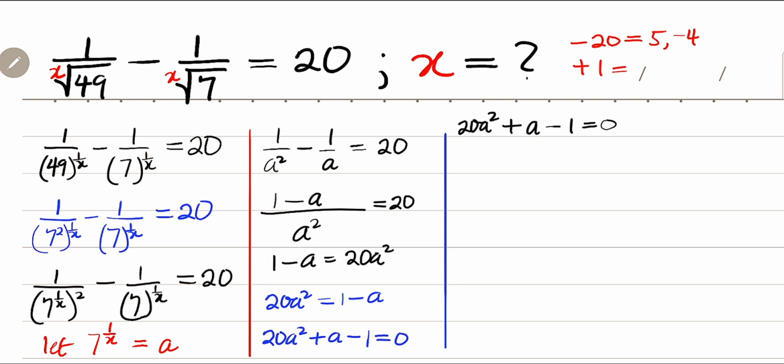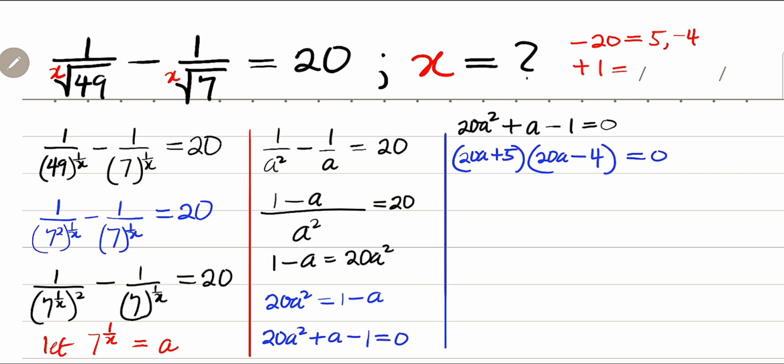Okay, so how then? Let us now factorize this. All we need to do is open and close two parentheses. Now the leading coefficient here is 20a, then 20a. Then since the product here is negative and the sum here is positive, it definitely means we need to add plus then minus. So here we have 5, then here we have 4.